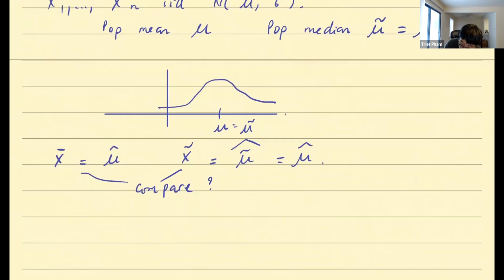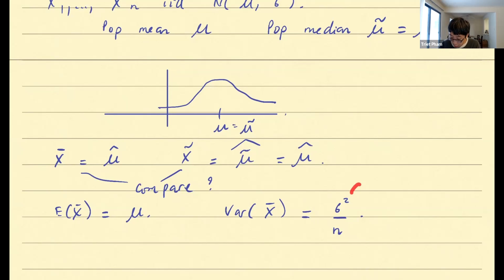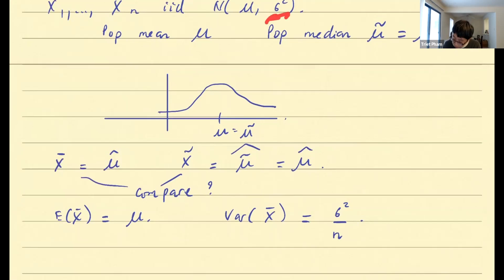We have done that before. We know that X bar is unbiased, in general on target to mu. The spread, or the error you can commit when you estimate using X bar, is inversely proportional to the sample size and proportional to how wide the population distribution is.